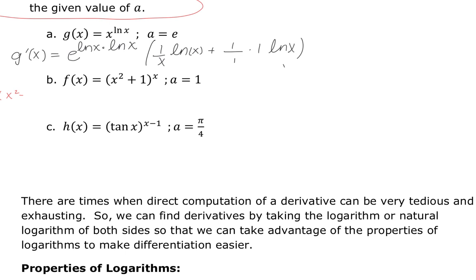So once again, I'm going to label what I have. This is f of x, and this is g of x, or I guess it was h of x. So let me erase that. That's h of x. So I'll make this f of x.